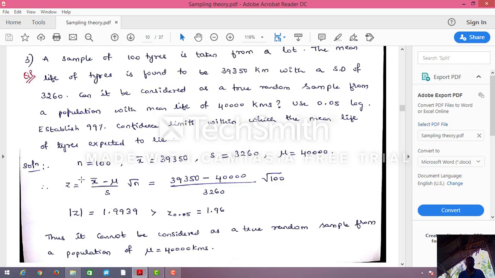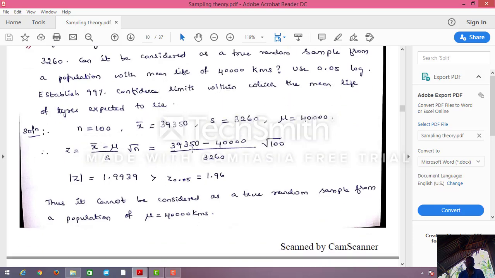Now, z equal to x bar minus mu divided by s into root n. X bar is 39,350, mu is 40,000, divided by 3,260 into root 100. Now you will get modulus of z equal to 1.9939.